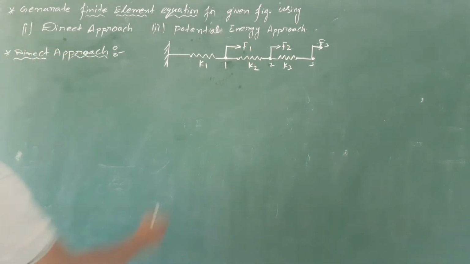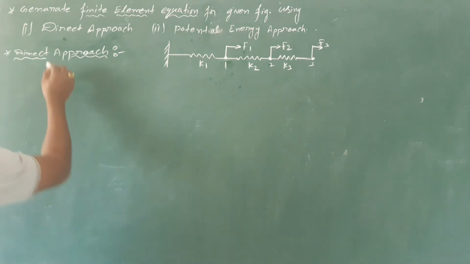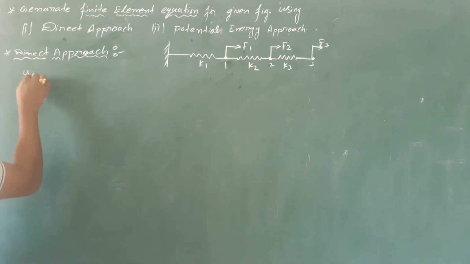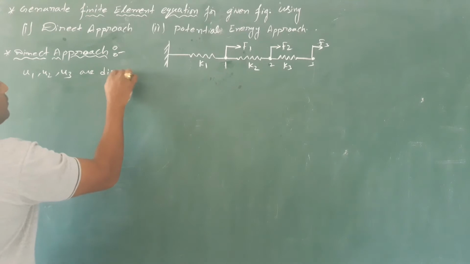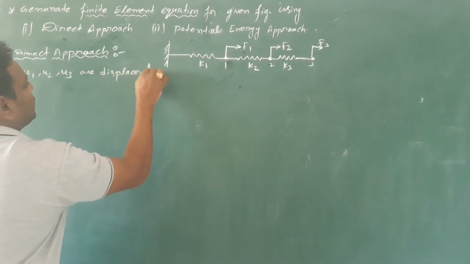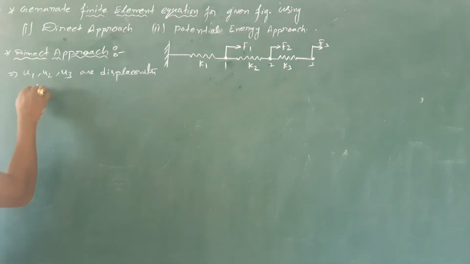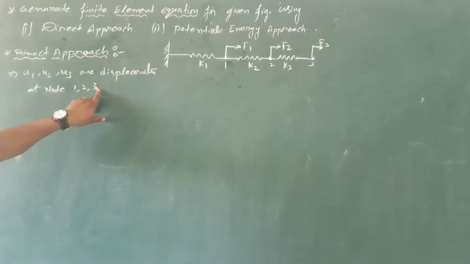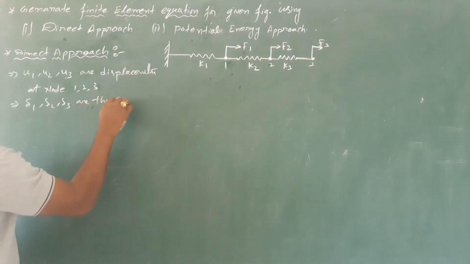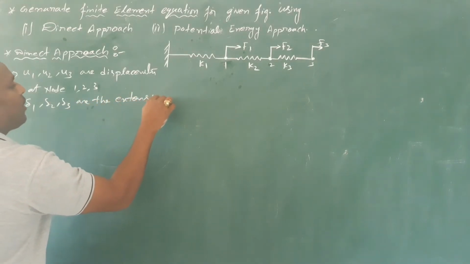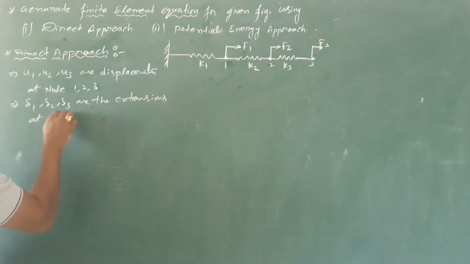For example, we know that U1, U2 and U3 are the displacements at nodes 1, 2 and 3, and delta 1, delta 2 and delta 3 are the extensions at nodes 1, 2 and 3.